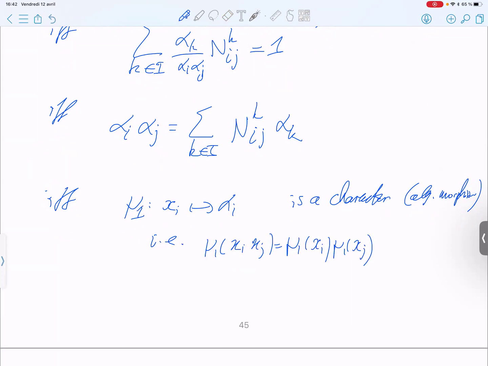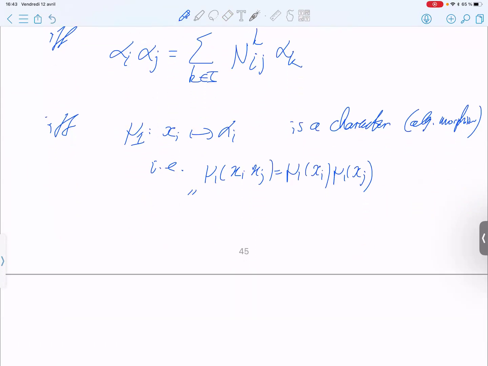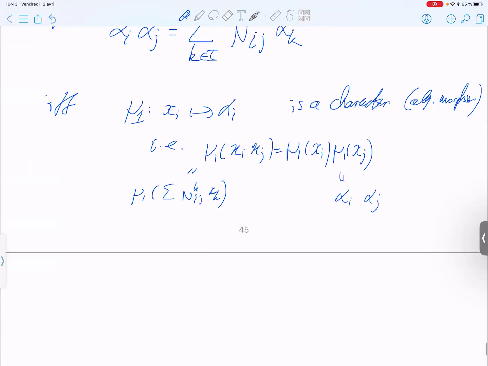But this is clear because here it's mu1 of the sum nijk xk, and here it is alpha I, alpha j, and when you develop, you get the sum nijk alpha k.